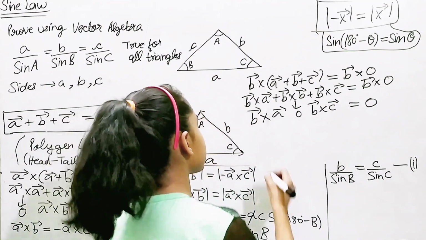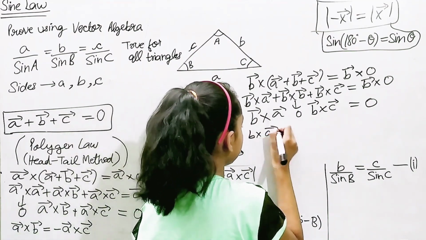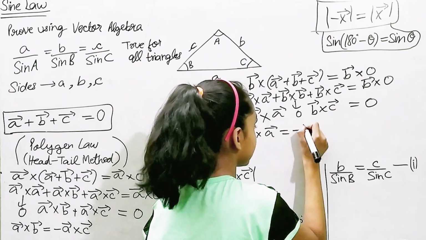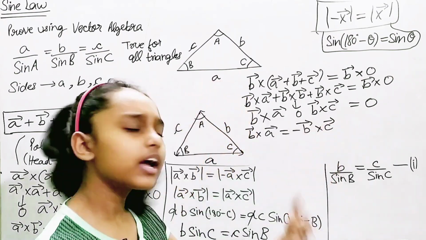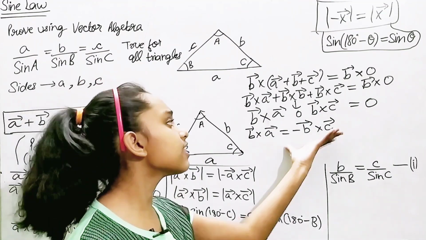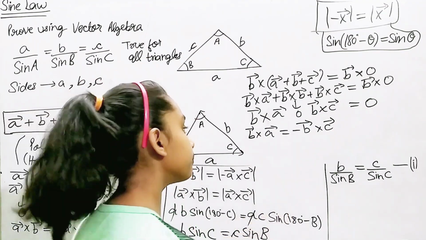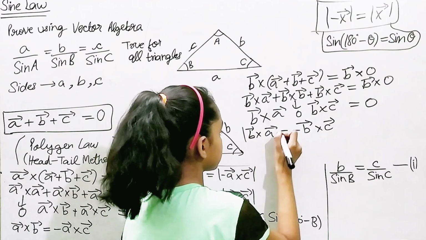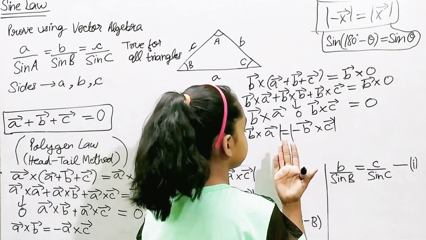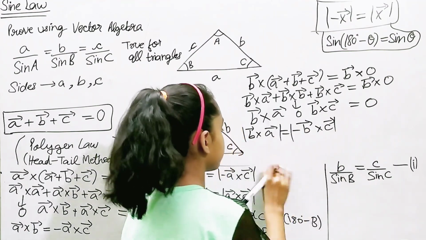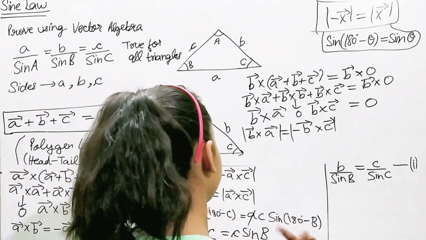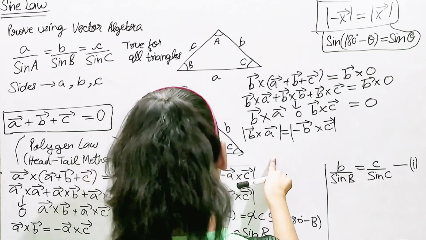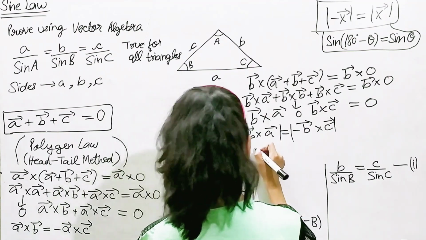Now B into A is equal to minus B into C. You can do it by yourself. It's really easy, you know. So I'm going to put it in the marks.